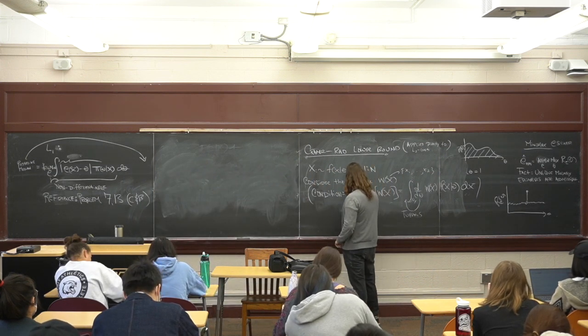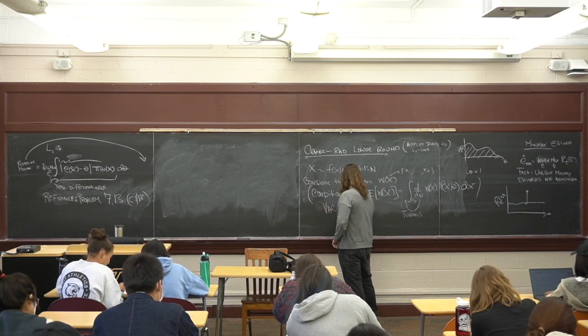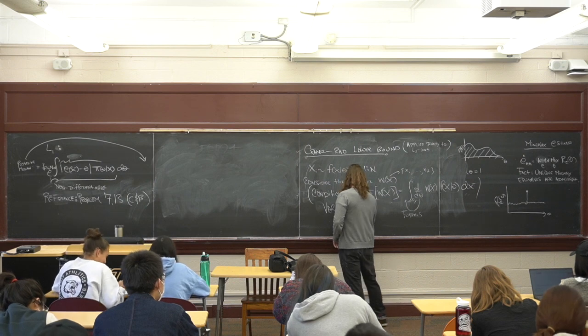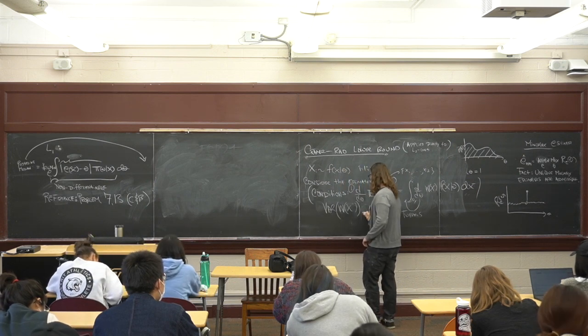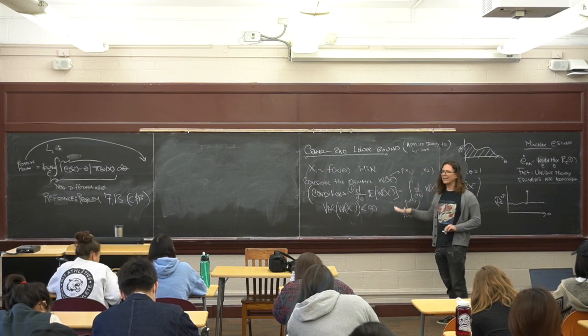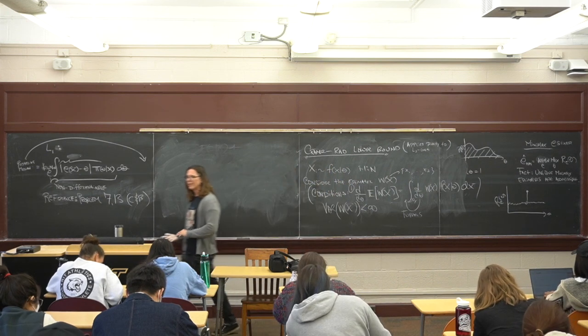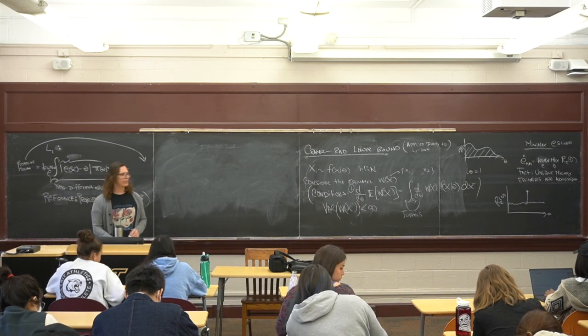There's only one other condition, and it just says that the variance of W(X) is less than infinity. That's just saying that it exists, so the thing we're trying to derive a bound for exists in the first place.